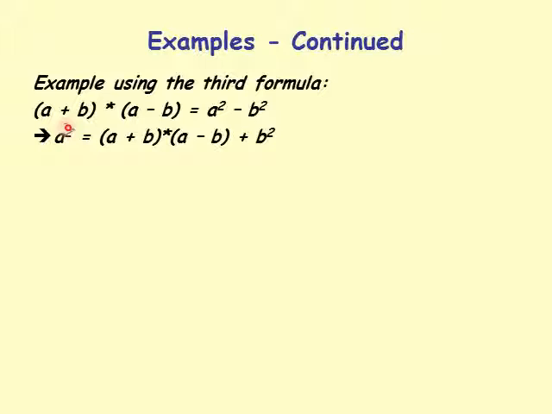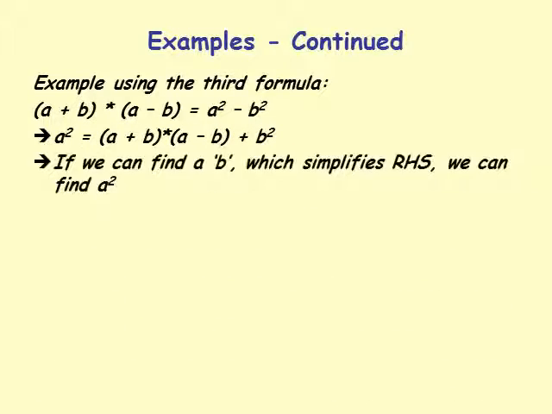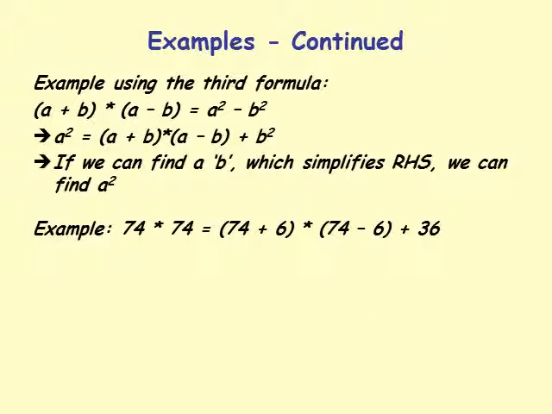We want to evaluate a squared. We're going to find a small b such that I can compute (a plus b) times (a minus b) easily, and then add the square of the b we just found. If you can find a b which simplifies the right hand side, we can find a squared.